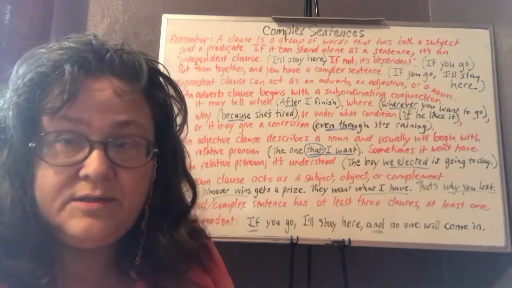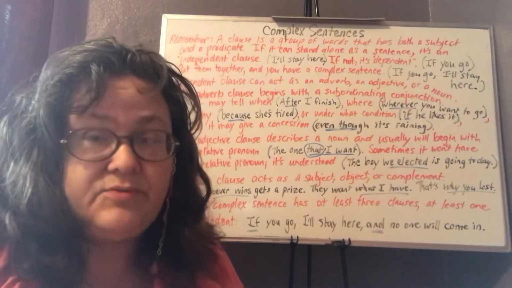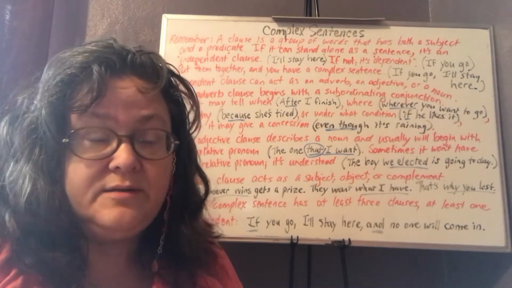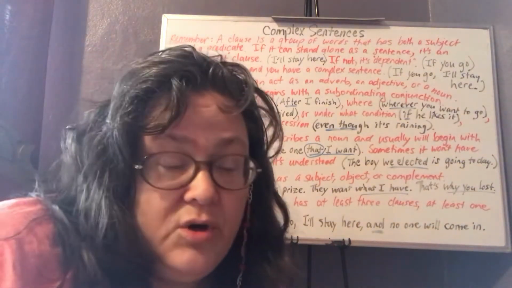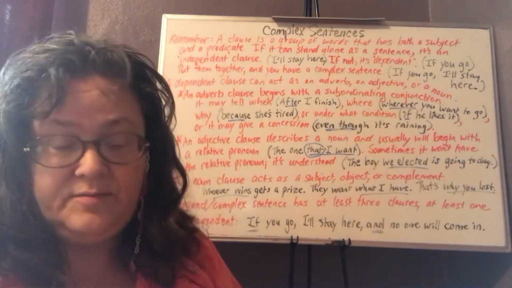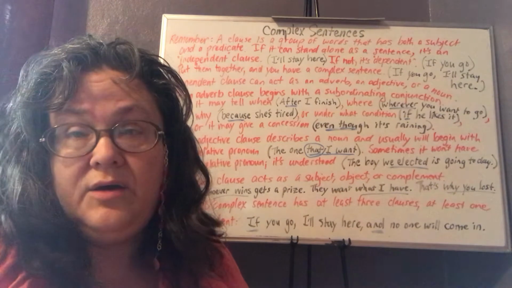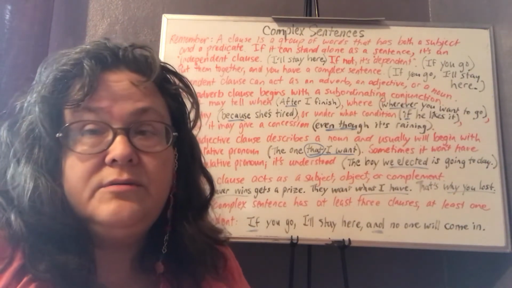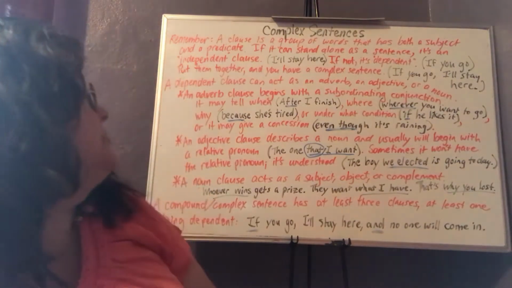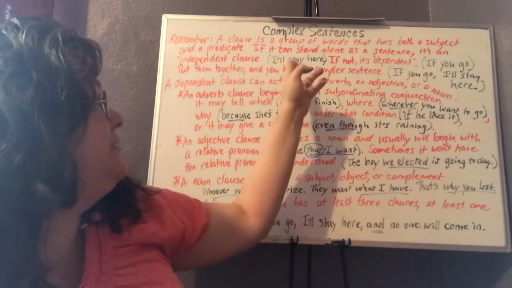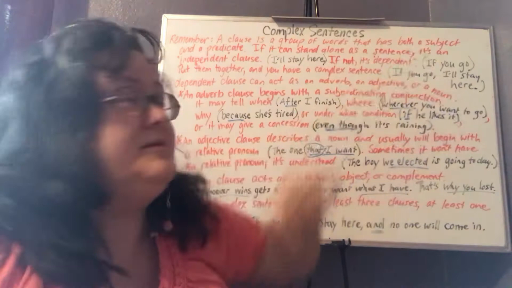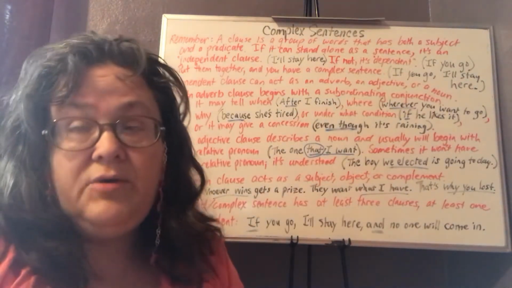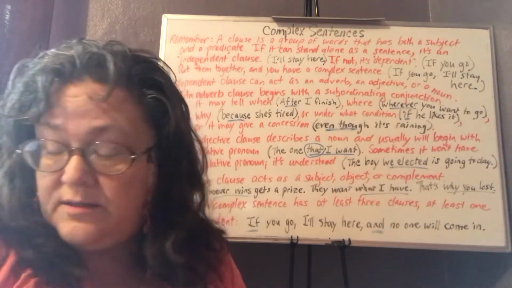Most clauses that are dependent are that way because they have a word that sort of weakens them, makes them have to lean on an independent clause. Okay? So if you put an independent clause with a dependent clause, then what you have is a complex sentence.